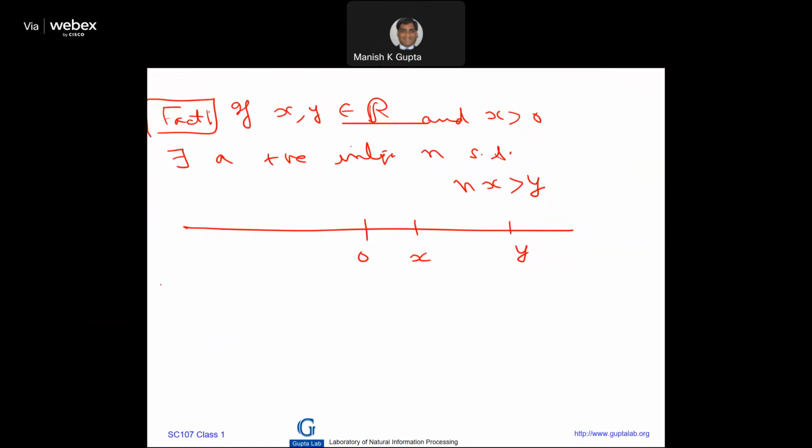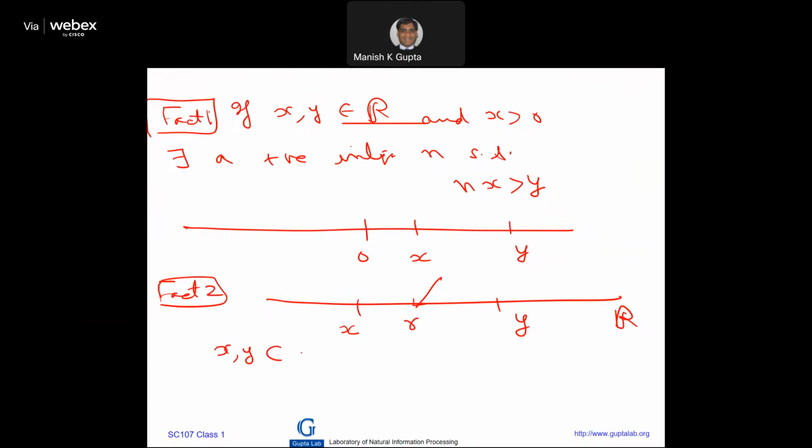Now, fact 2. Suppose x and y are two real numbers, some distance apart. So in between there is a rational number.